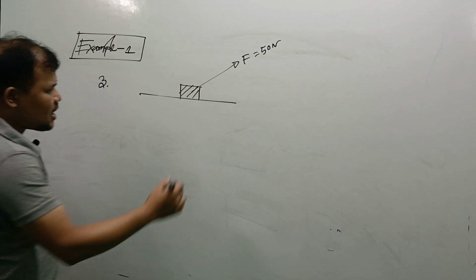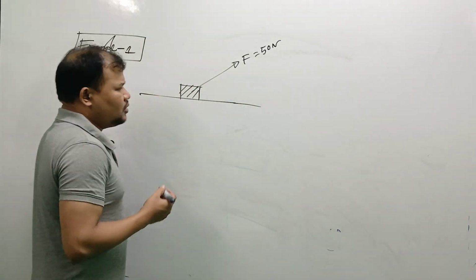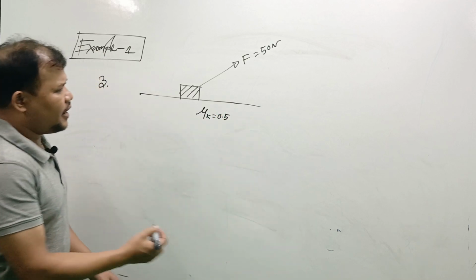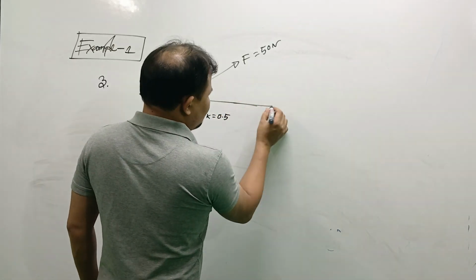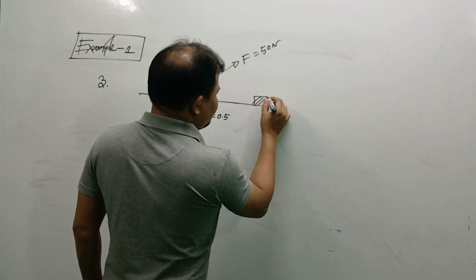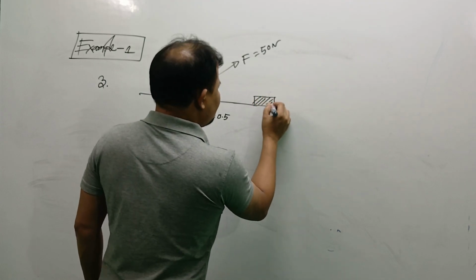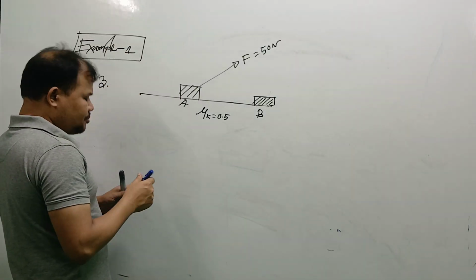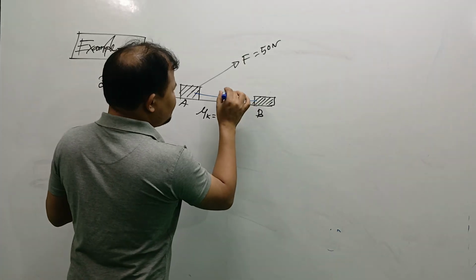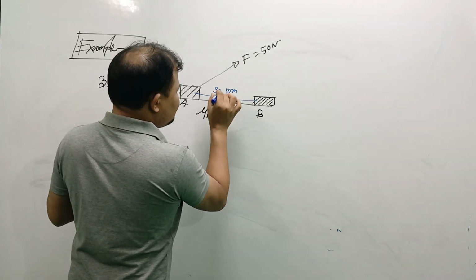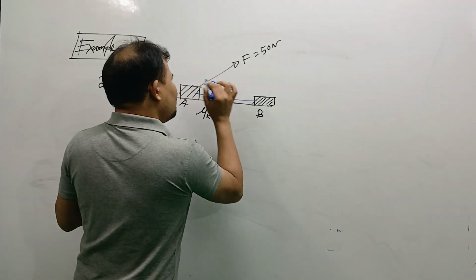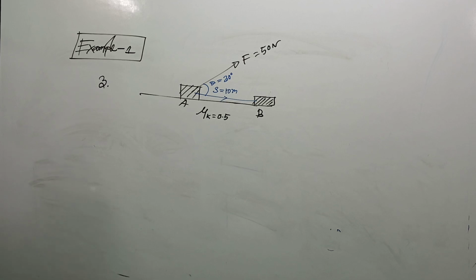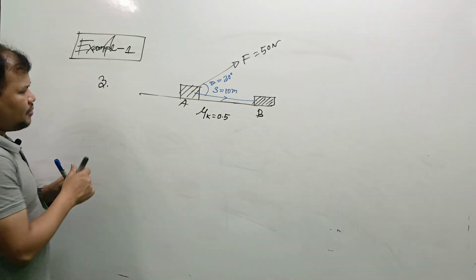Here there is friction, the coefficient of friction on the surface is 0.5, and this body moves from point A to B. Suppose the displacement from A to B is given as 10 meter, S is 10 meter, and the angle is 30 degree. Then our question is to find out the work done in case of the applied force.